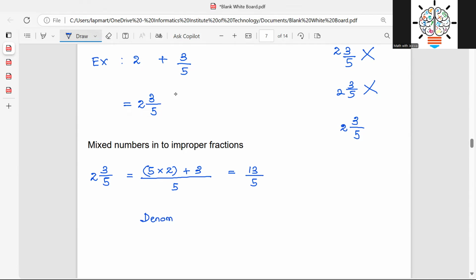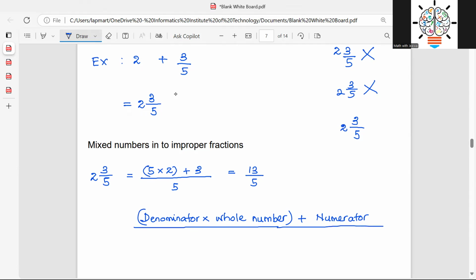You get the denominator value, you multiply it by the whole number, right? And you get the answer and you add the numerator value, the numerator. And below, you write the denominator value as it is.